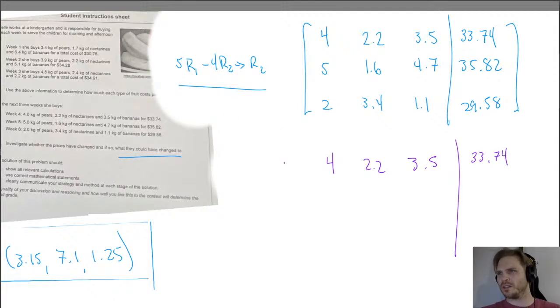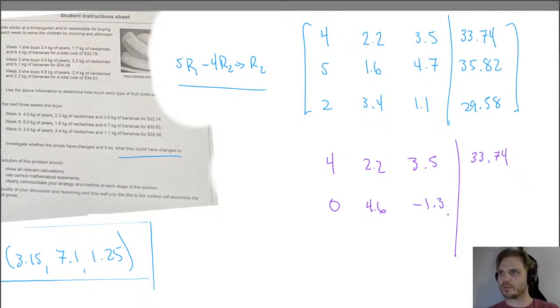And then this is going to be 0. 2.2 times 5 is 11, minus 4 times 1.6 gives us 4.6, and then 5 times 3.5 minus 4 times 4.7 gives us negative 1.3.